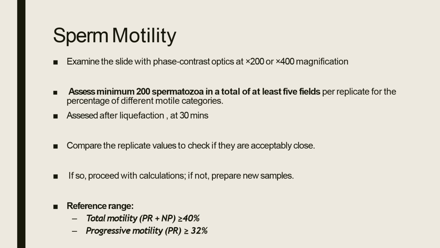In order to determine sperm motility, we have to see the slide under a phase contrast microscope at 200 to 400 magnification. Phase contrast microscopes have their application in cellular biology because they make the cellular organelles very visible as compared to a light microscope.